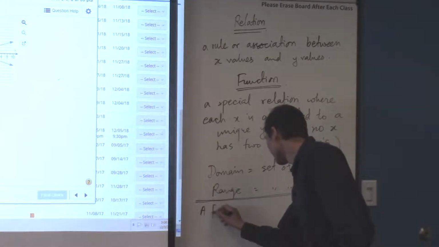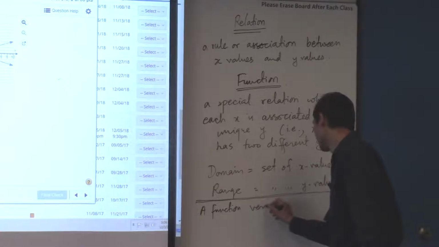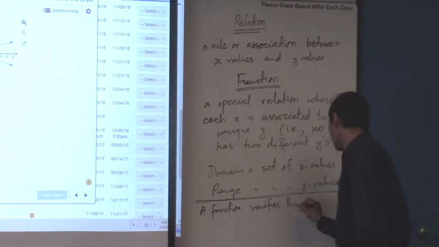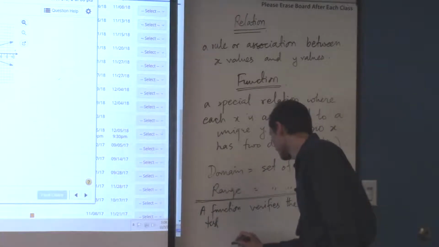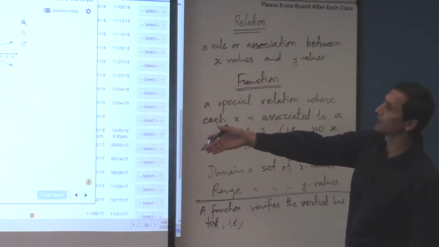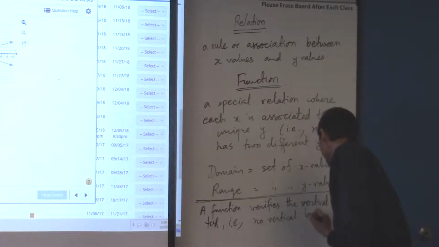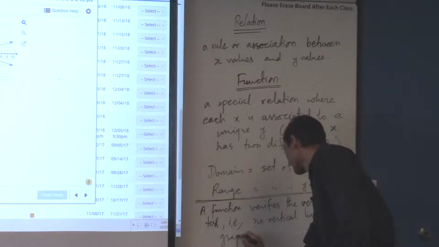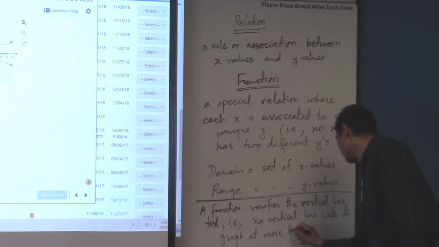So the graphical way of checking: a function satisfies the vertical line test. That is, no vertical line cuts its graph at more than one point.